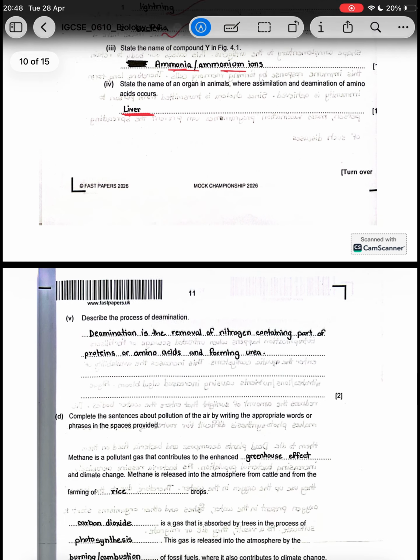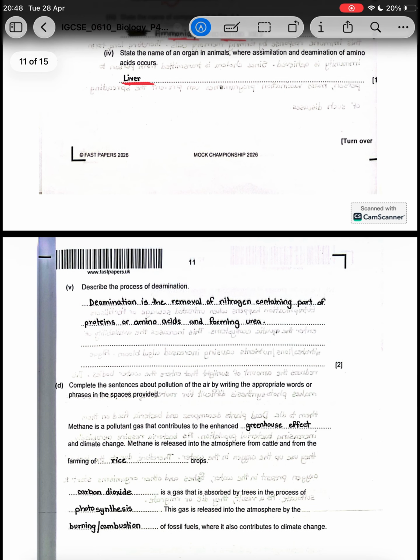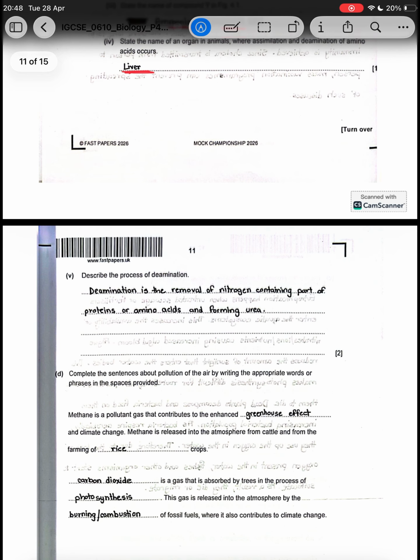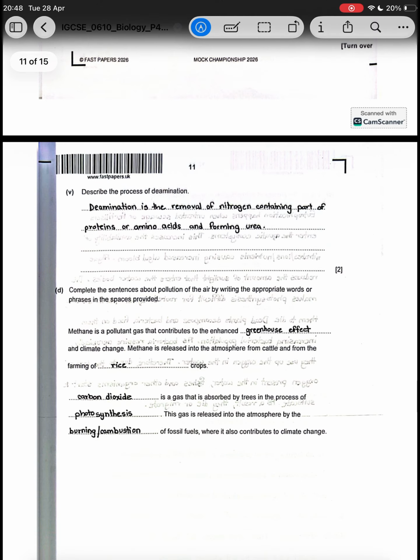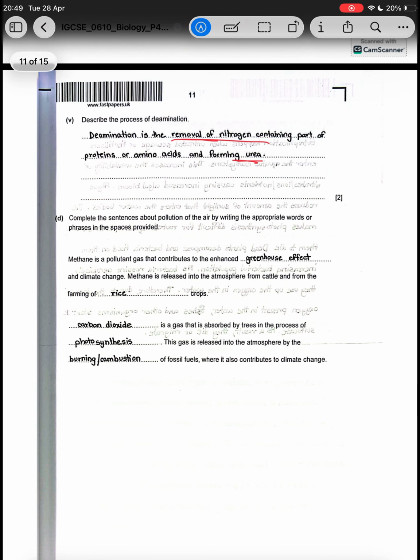Okay, so we have another one from A. Describe the process of deamination. Deamination is the removal of nitrogen containing parts of proteins or amino acids and forming urea. Very simple. It's basically 1 mark for the removal and 1 mark for forming urea.